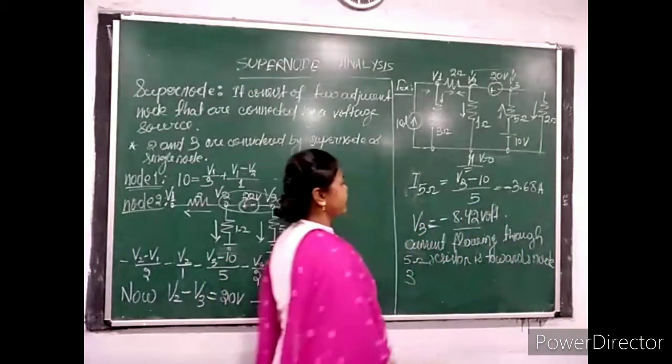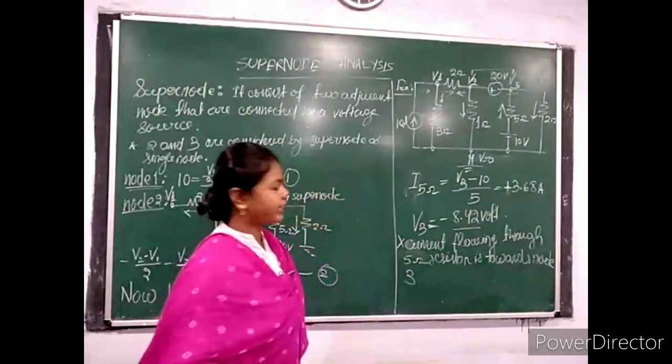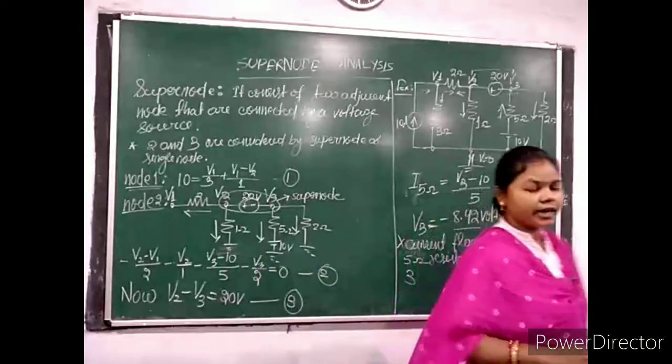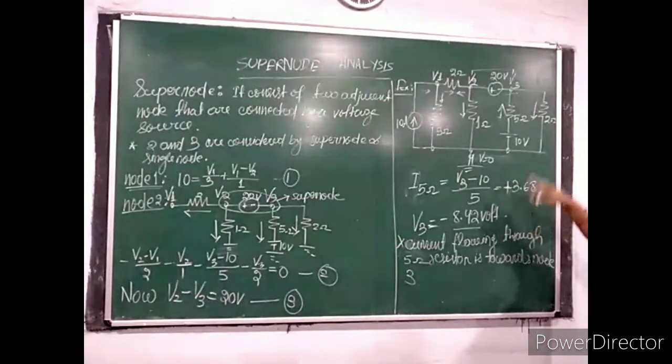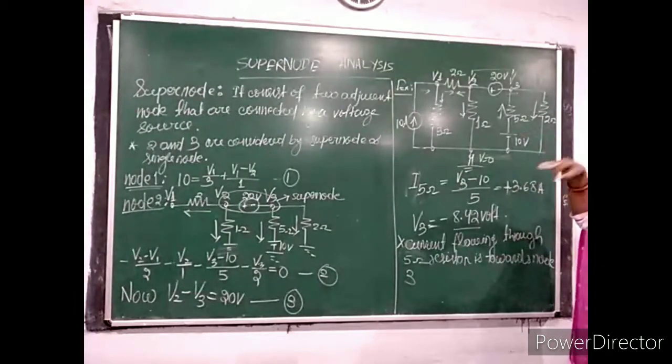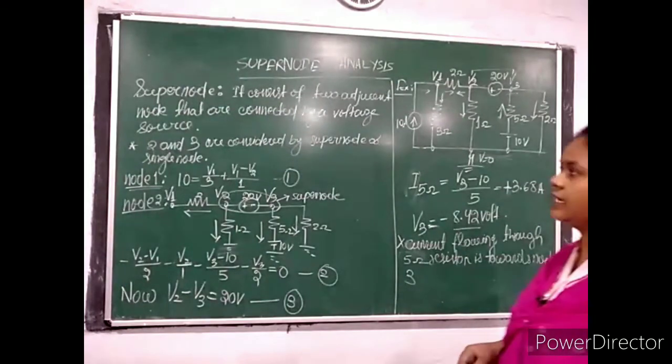And if you get a positive answer, no need to write this conclusion. If you get a negative for this question, my conclusion is the assumed direction is opposite to the actual direction, or simply you write current flowing through 5 ohm resistor is towards node 3.